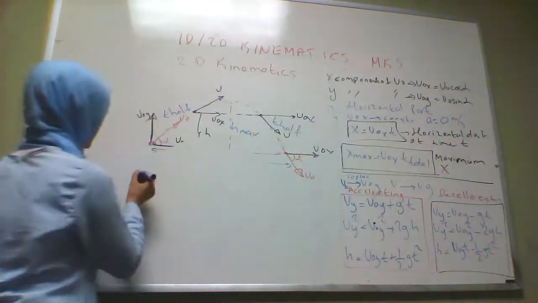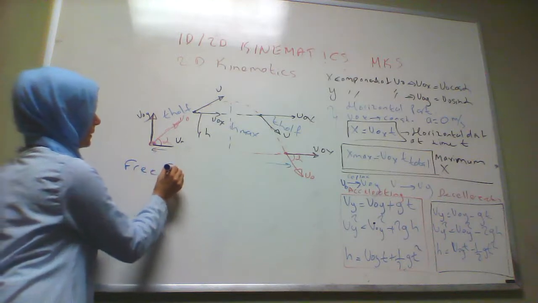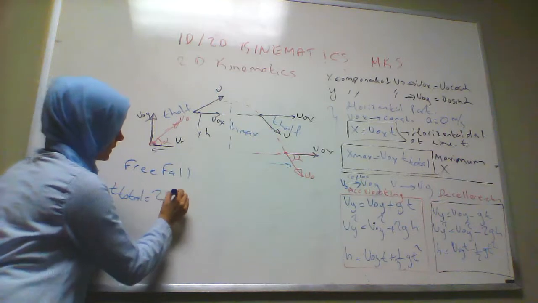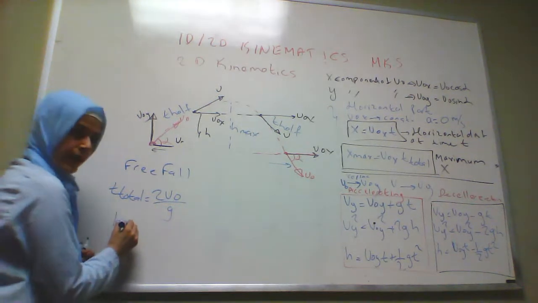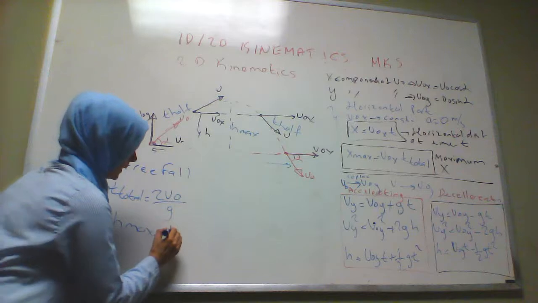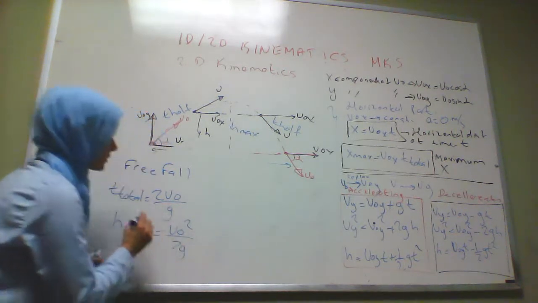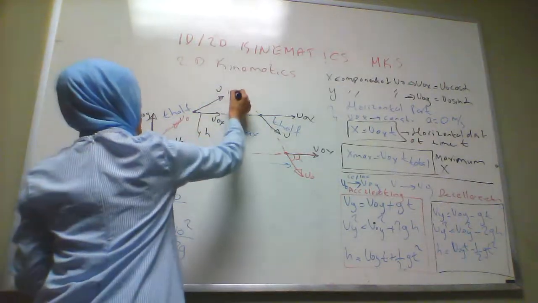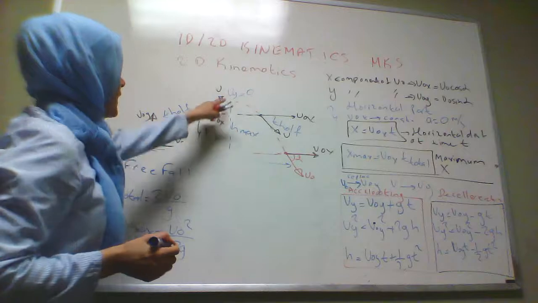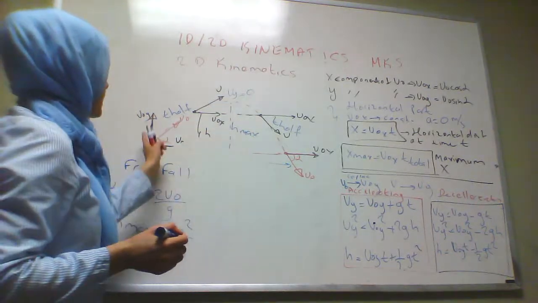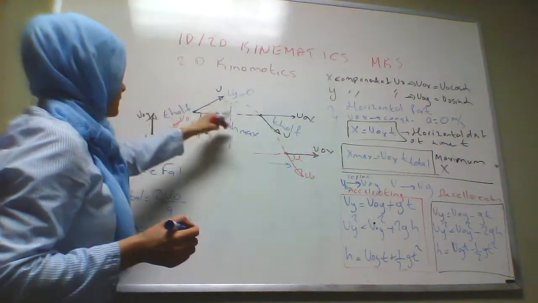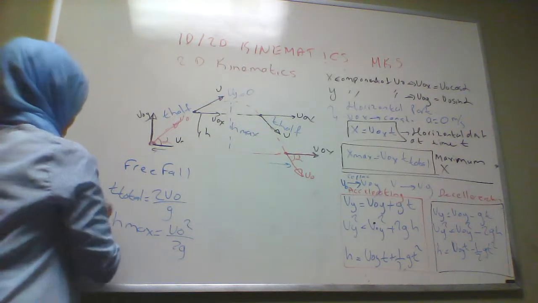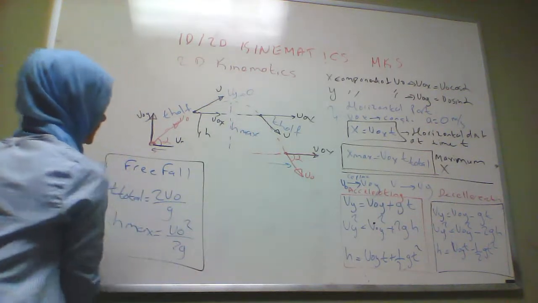So for free fall, let me remind you again, t total is equal to 2v0 over g, and h maximum is equal to v0 squared over 2g, using the fact that the object will be decelerating, having a zero velocity in here, and the maximum height will be reached, t half will be traveled. We derive for t half and h maximum, and t total is equal to 2 times t half. This is where they are coming from. So this was for free fall.